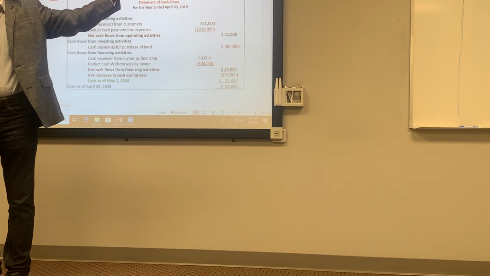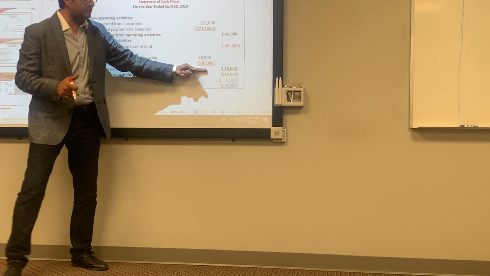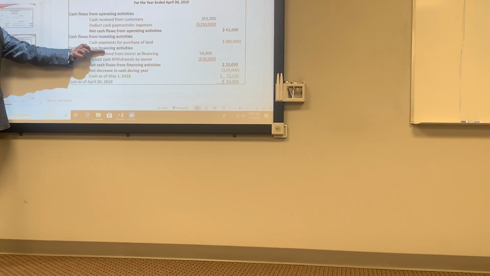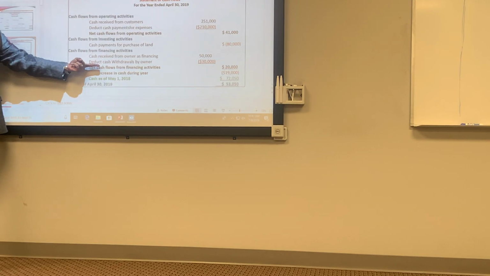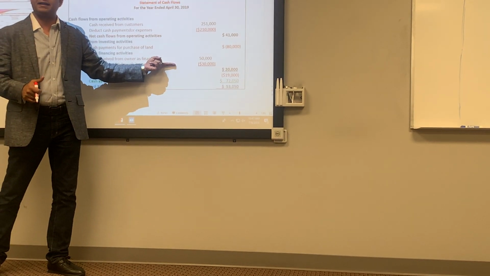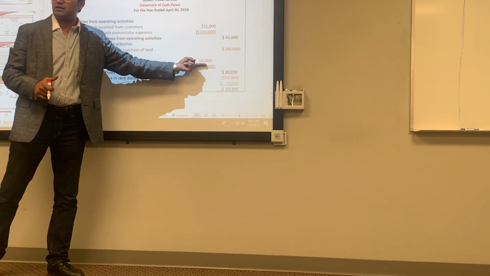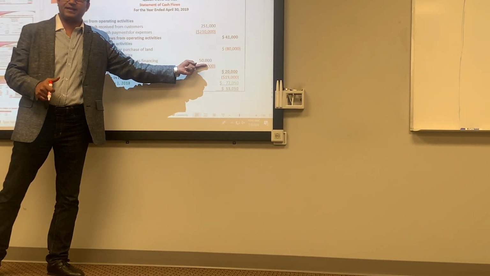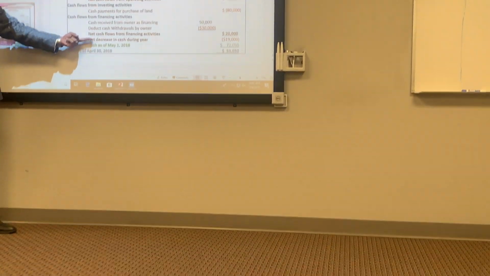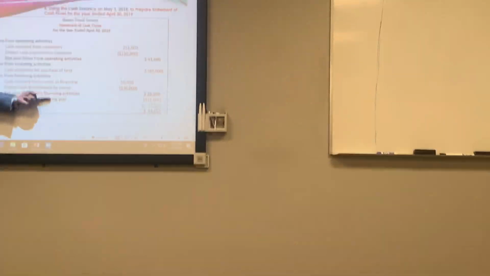Do you remember that? 30,000. So I deduct it again under financing activities. I received money from the owner as financing, here 50,000. Deduct or subtract any withdraw, $30,000. It gives me net cash flow from financing.